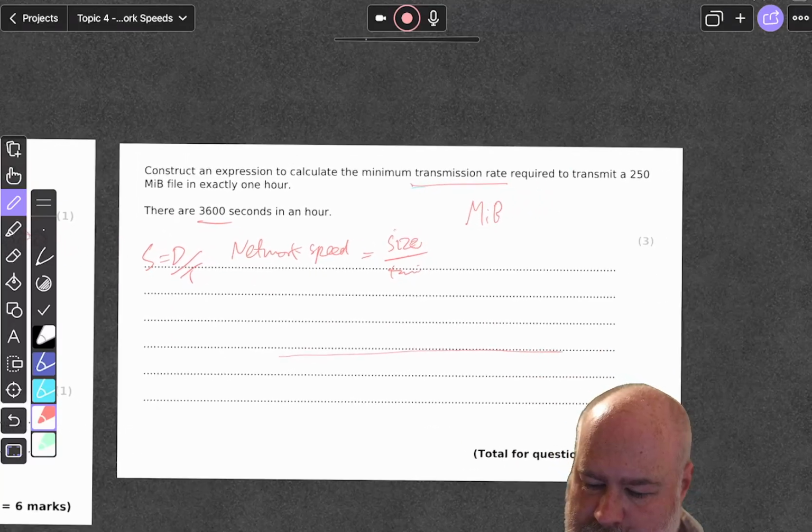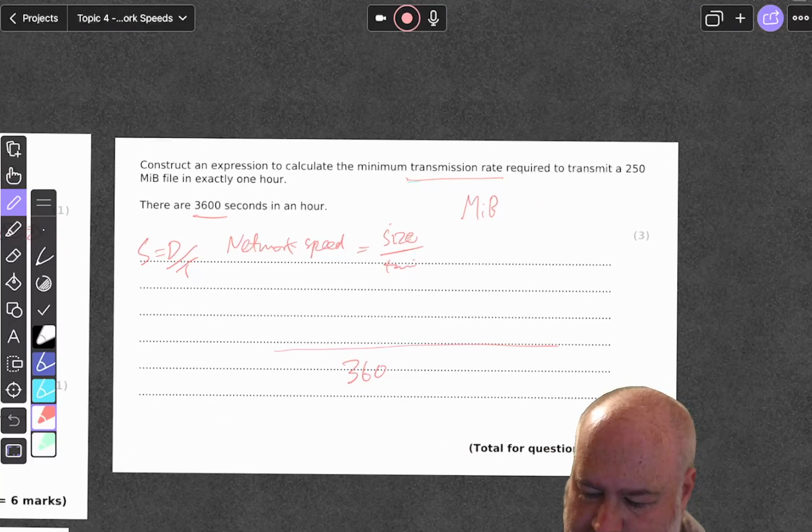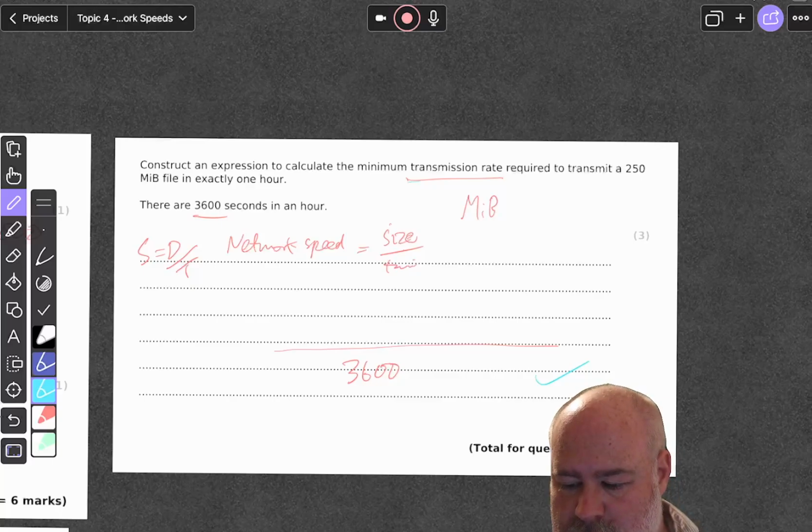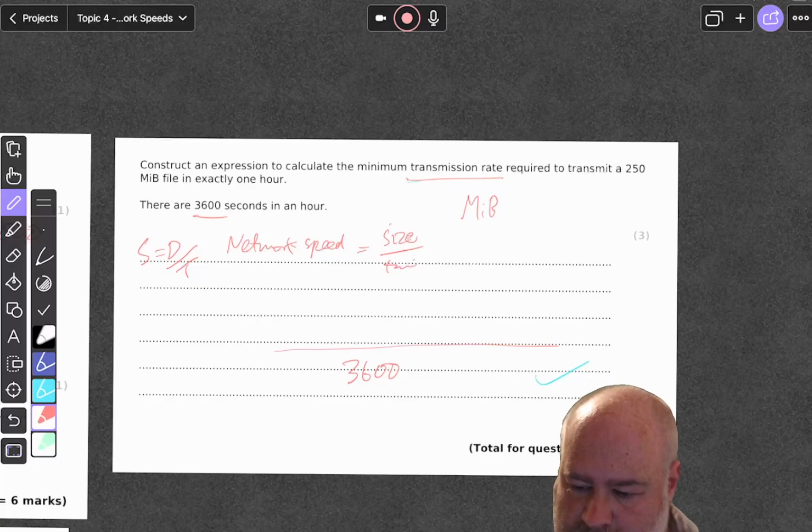So numerators and denominators here. We know we've got 3600 for sure at the bottom. That's a nice easy win, right? That's our time in seconds. We're done. Our top part, our size of the file, is the tricky bit, isn't it? So what's the size?